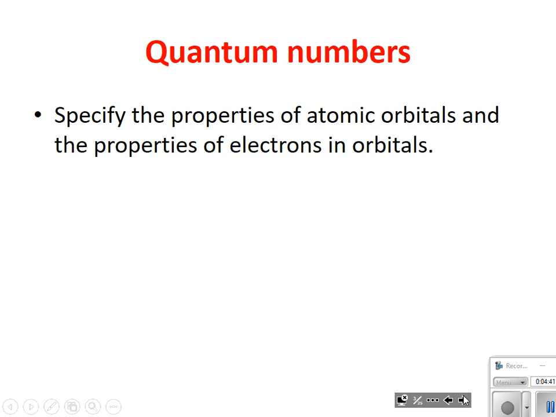So these quantum numbers will describe certain things about the electrons and the orbitals in which they are occupying.